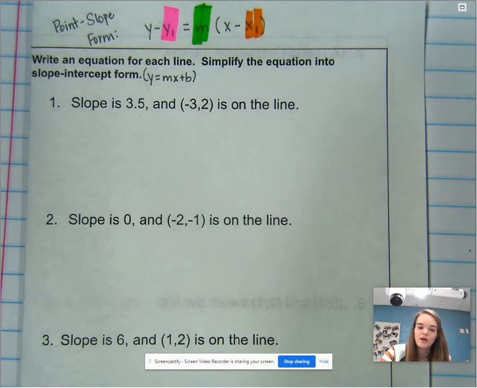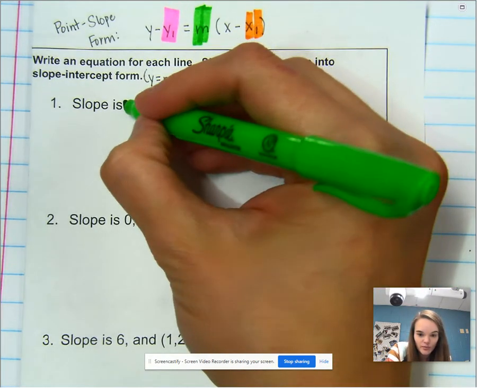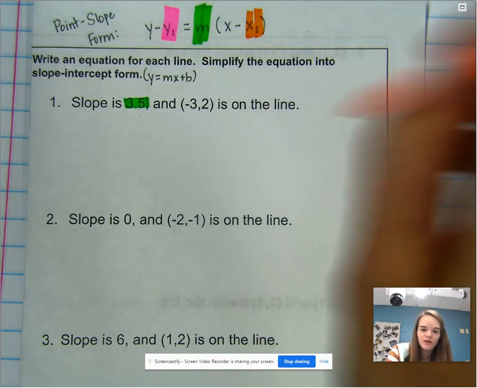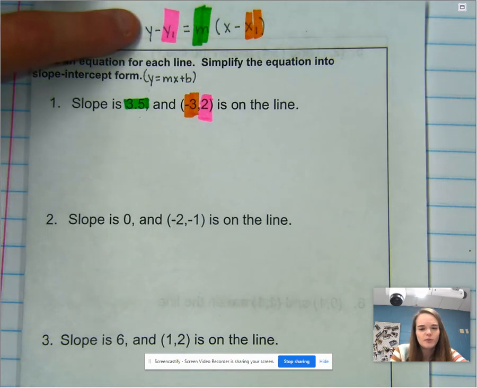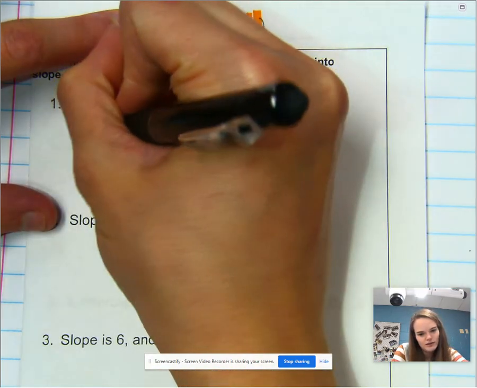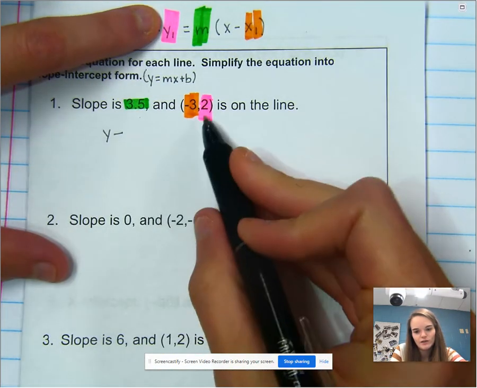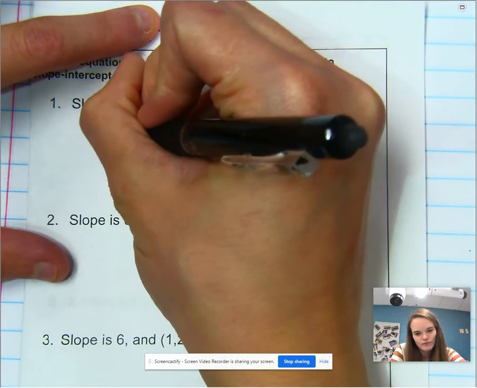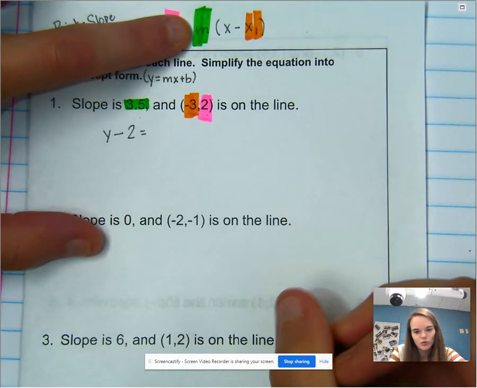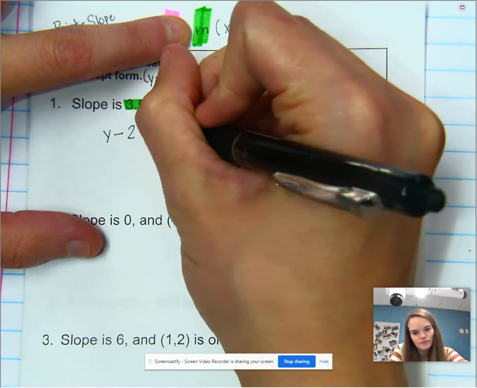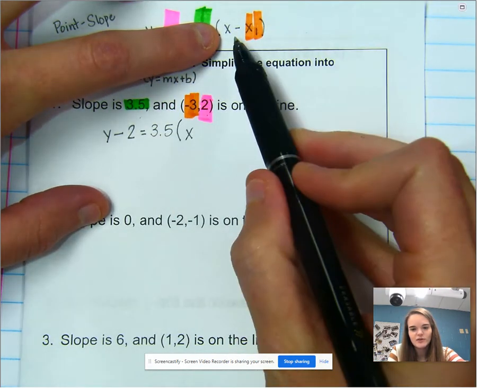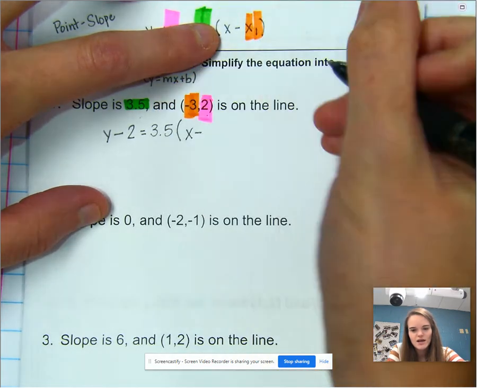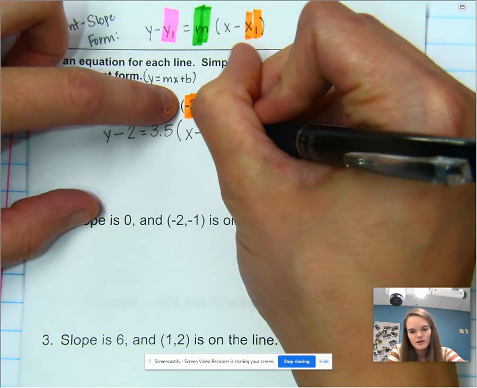So let's highlight. Our slope, m, is 3.5. Our point, here is x, here is y. Now we're going to plug in. Our formula says y minus y, which is 2, equals the slope times x minus -3.